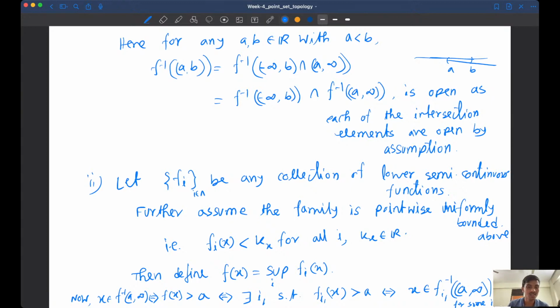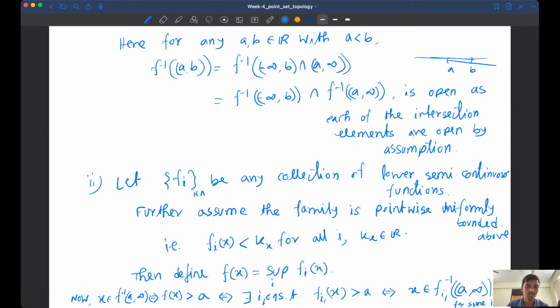That means anything smaller than that cannot be an upper bound, so a cannot be an upper bound. So there exists some i1 belonging to Lambda such that the functional value f_i1 at the point x must be greater than a, right? That's what it means, because f is the supremum. Some element should be there which is greater than a, and in this case the elements are like f_i1(x).